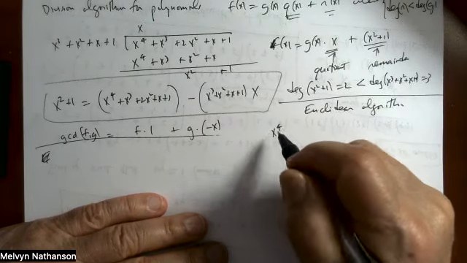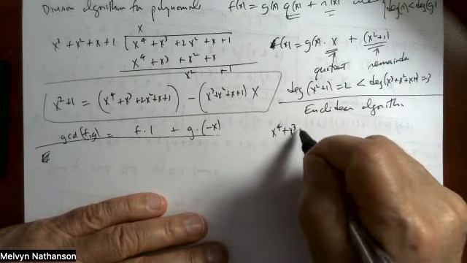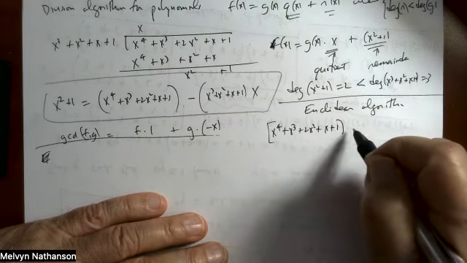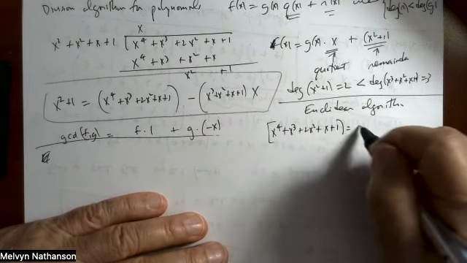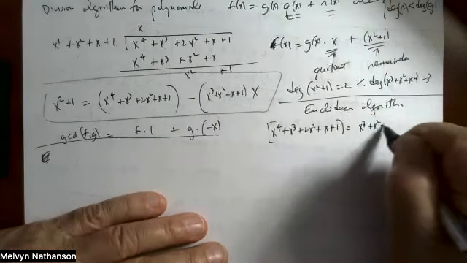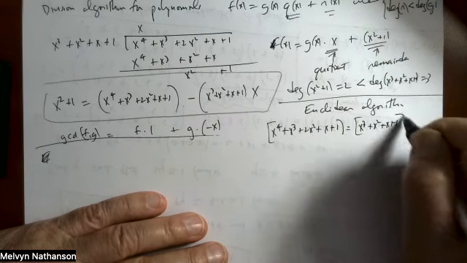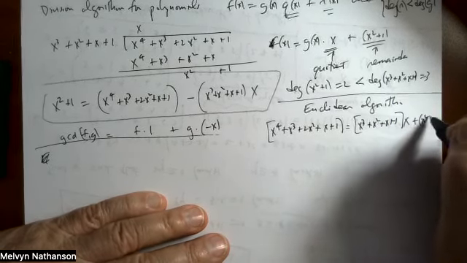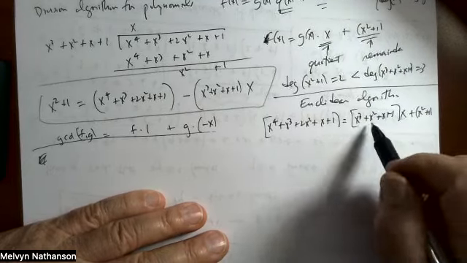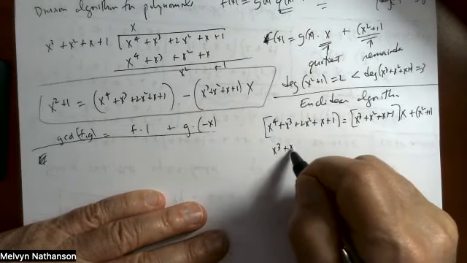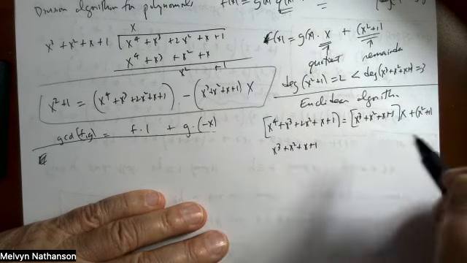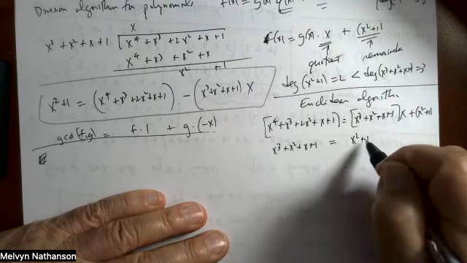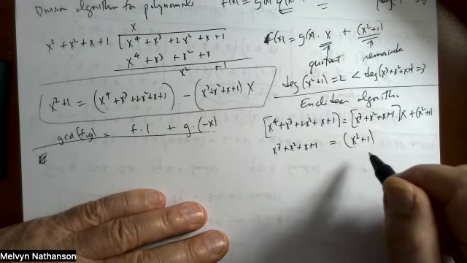So x to the fourth plus x cubed plus 2x squared plus x plus 1, that's my f, is equal to g, x cubed plus x squared plus x plus 1, times x and a remainder of x squared plus 1. Then I take x cubed plus x squared plus x plus 1, and I divide it by x squared plus 1.